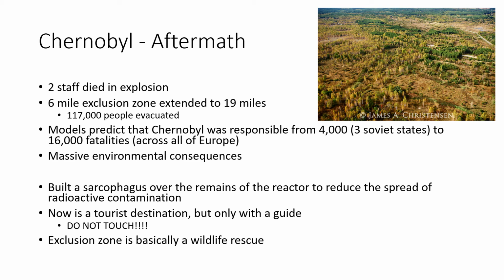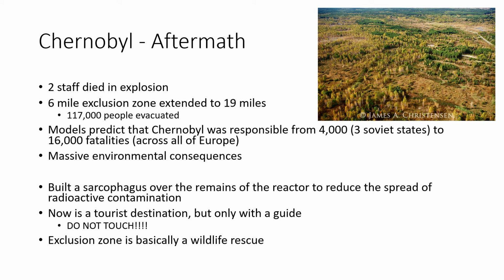And so basically there's just all radioactive material, and the organisms that lived around there died from exposure to radioactivity. And so in order to reduce the spread of radioactive contamination, they built a sarcophagus, a structure over the reactors.